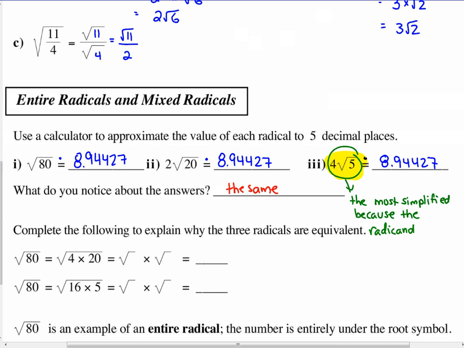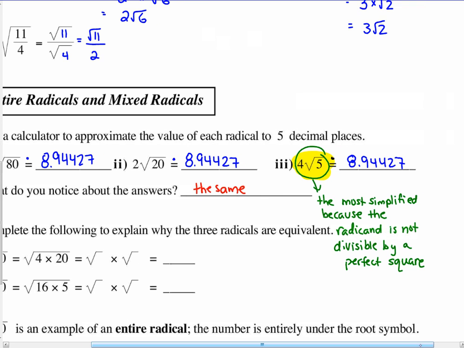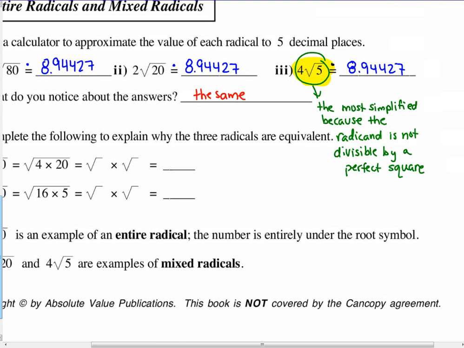So the radicand is not divisible by a perfect square.